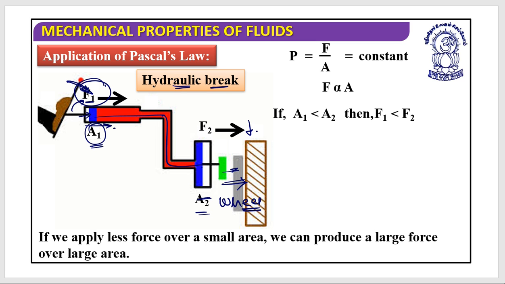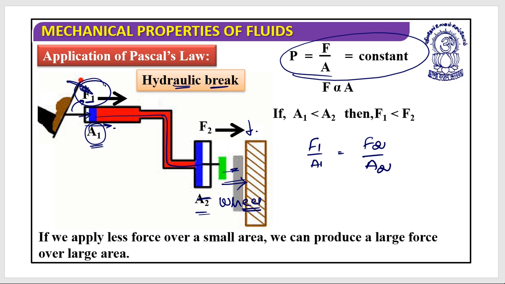That higher force is required because, if you consider the motion of a vehicle, in the case of a car we are generally moving at a speed of 60, 70, 80 kilometer per hour, and when I need to apply a sudden brake, I need a large amount of force applied on it. So again in this situation, F1 by A1 is equal to F2 by A2.